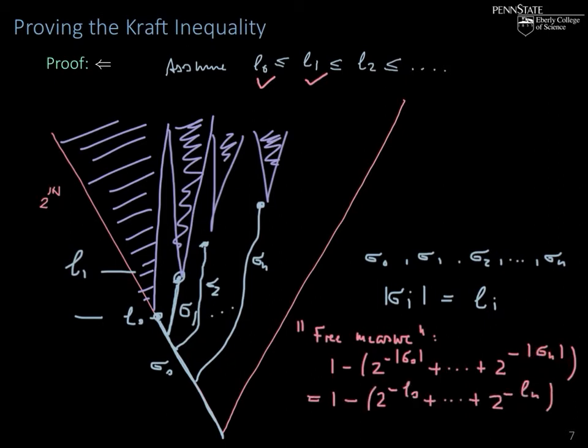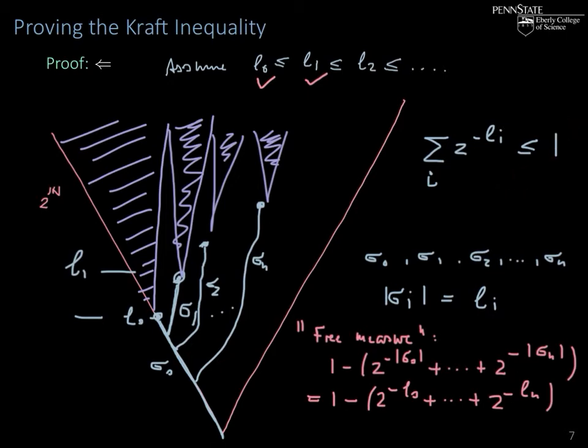But by the choice of the strings, sigma naught was chosen of length L naught, sigma 1 of length L1, and so on. So the free measure is 1 minus the quantity 2 to the minus L naught plus and so on up to 2 to the minus Ln. Now the assumption was that the sum of 2 to the minus Li over all i, not just the first n ones, is less than or equal to 1.